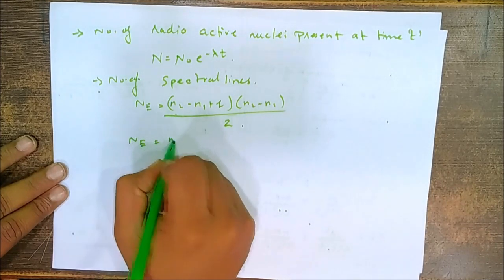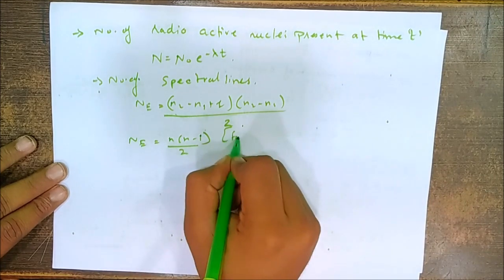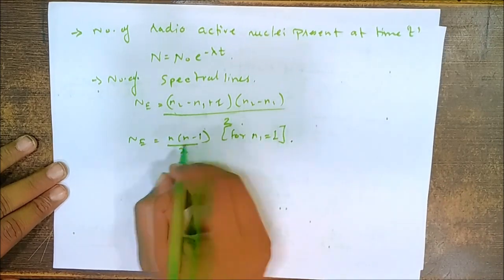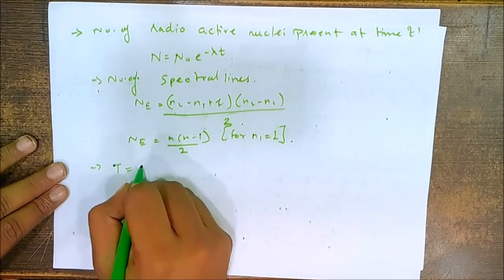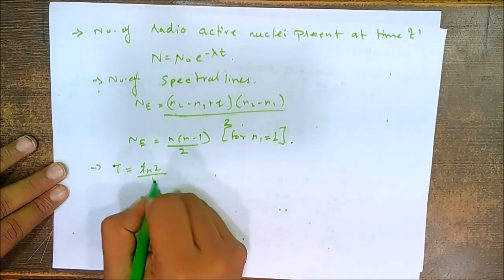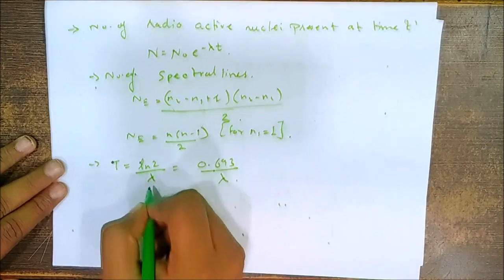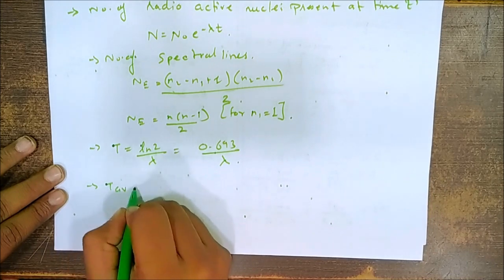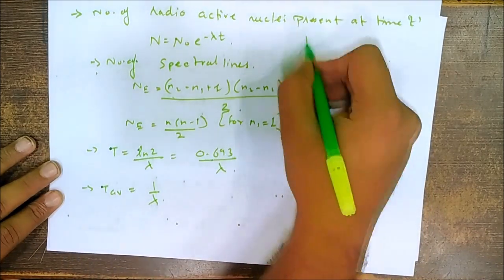Also Na is equal to n into (n minus 1) upon 2 for n1 is equal to 1. Then we have half-life period T is equal to ln 2 by lambda, that is 0.693 by lambda. Then we have average life period, it's 1 by lambda.